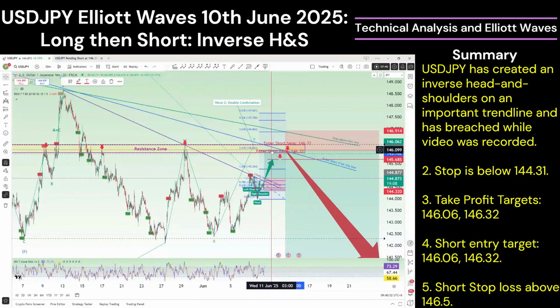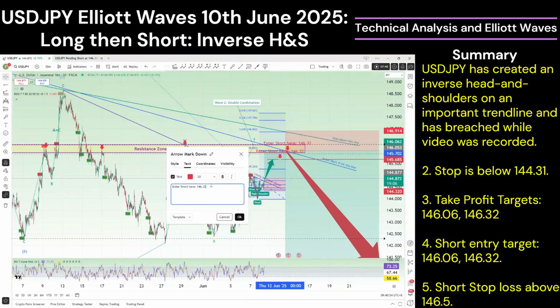So this 145.68, or rather I'll just take this instead of short. Let's say we do a take profit for long, and then first entry for short.